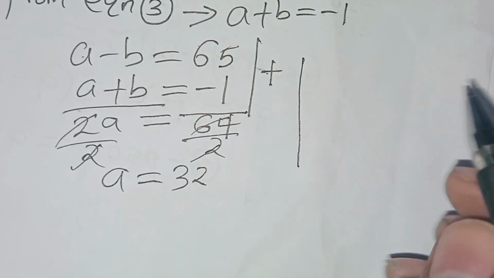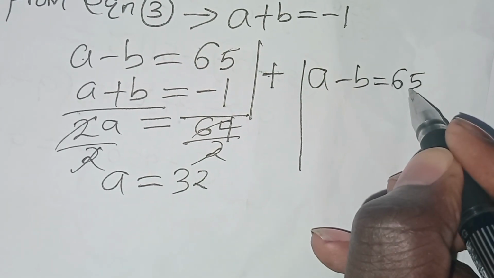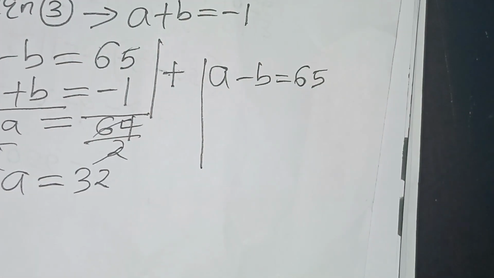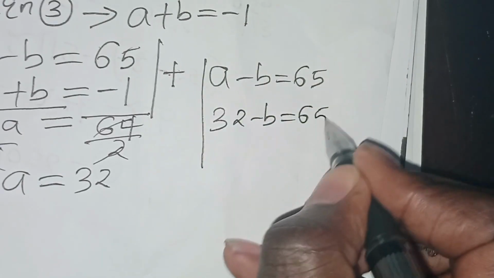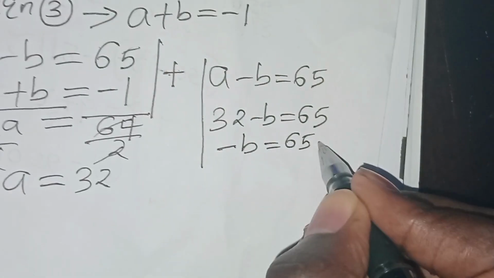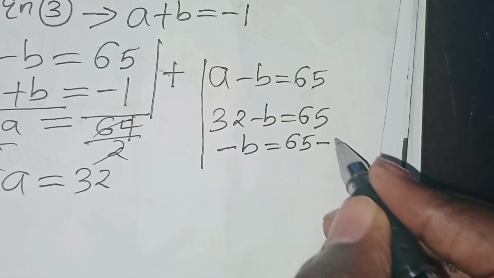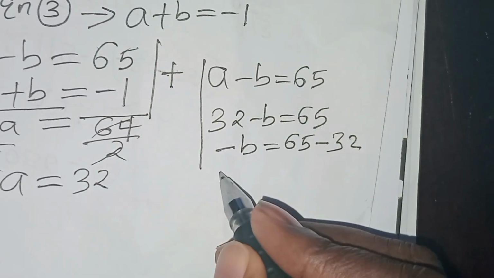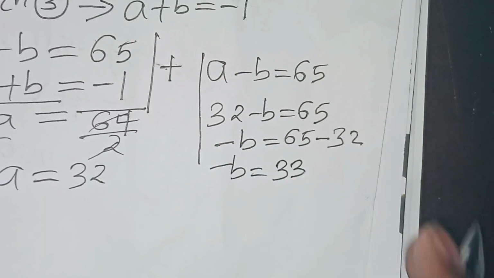Let's solve for B here. We have A minus B equal to 65. So now we have that A is 32, so 32 minus B is equal to 65. So minus B is equal to 65 minus 32, which is 33.